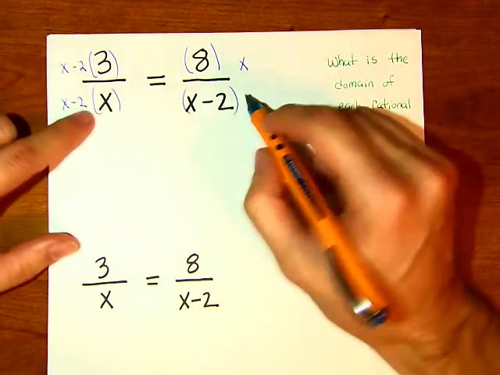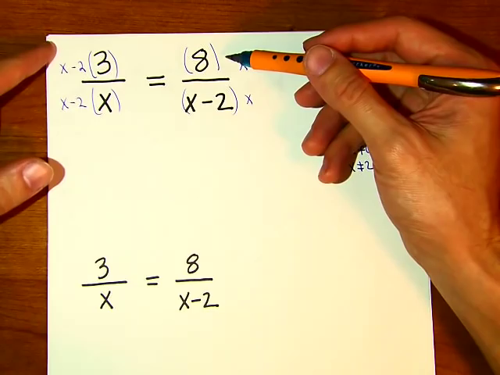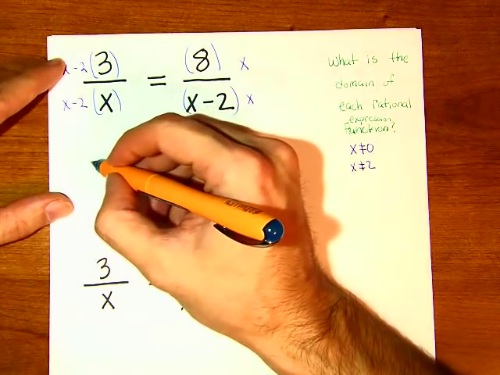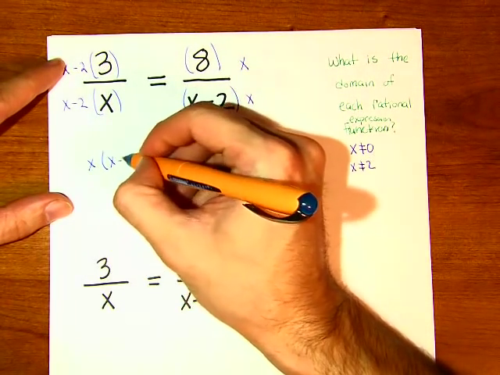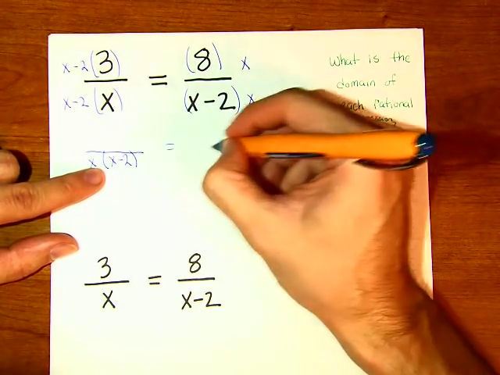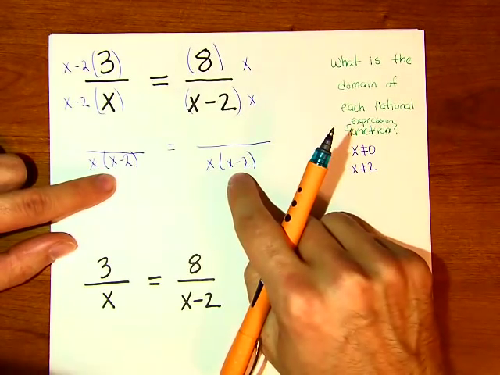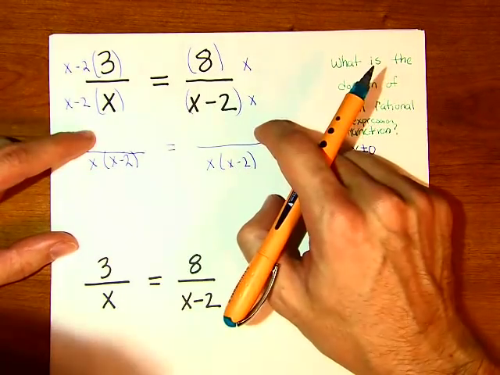The game plan is, if you have the same denominators, then the numerators must be equal to each other. So here, you have x times x minus 2, you don't need to multiply it out, it won't matter. Now notice the denominators are the same, so the numerators must be equal.